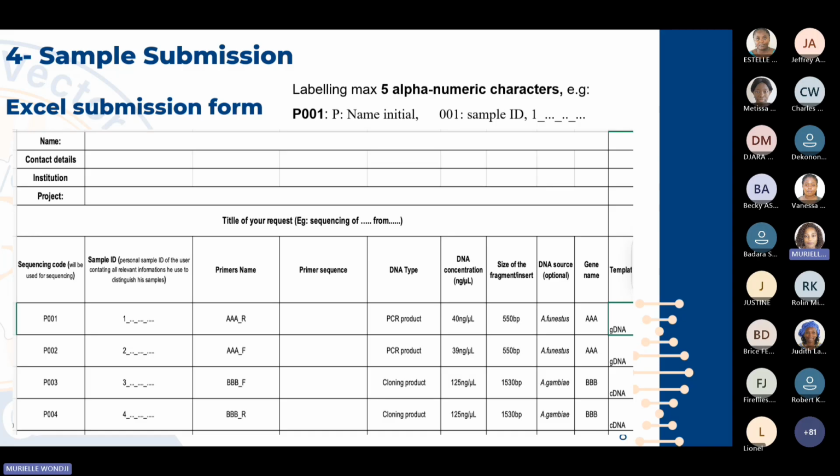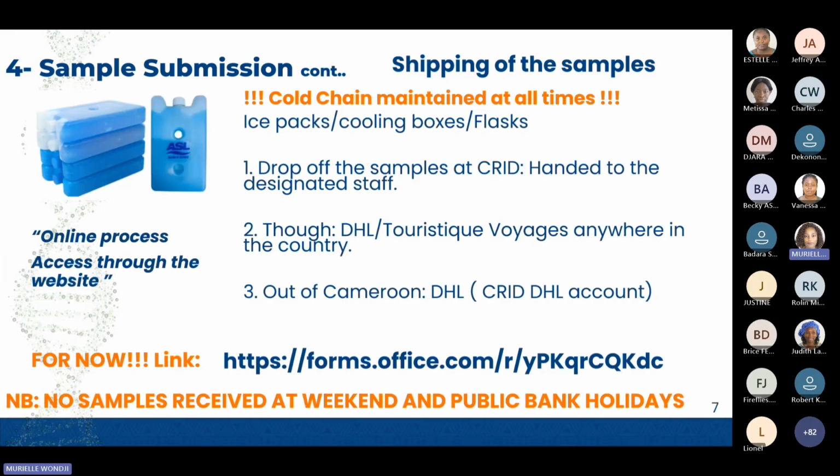Also, you can use your initials, these are just suggestions, and the number. You are free to code your samples as you want, but at the lab level, we have to be able to differentiate sample 1 from sample 2 from sample 3, or primer 1 from primer 2. So this will be about the submission.